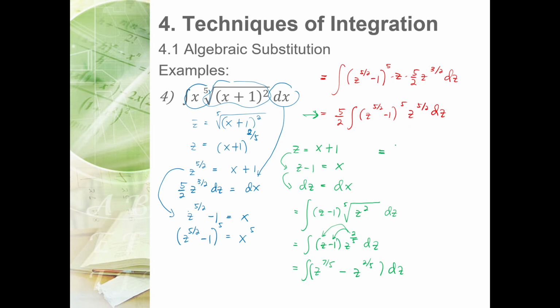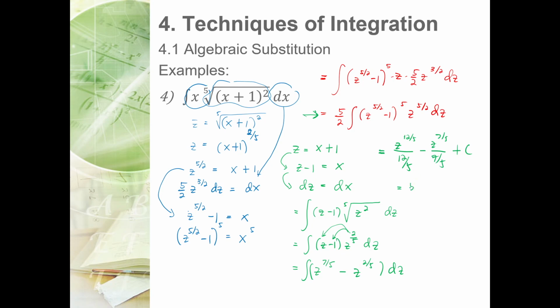Alright, so this one is plus 1. So that's z to the 12/5 minus z to the 7/5 all over 7/5 plus c.